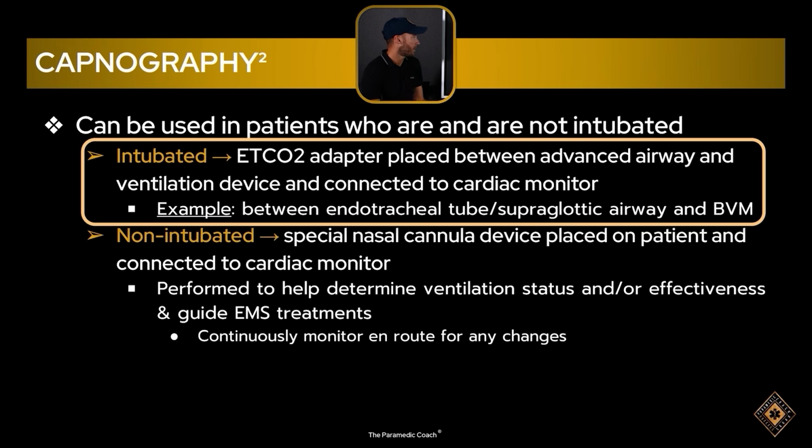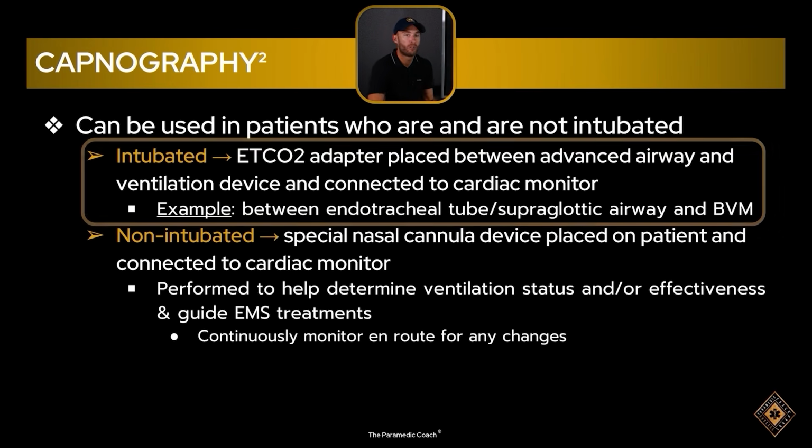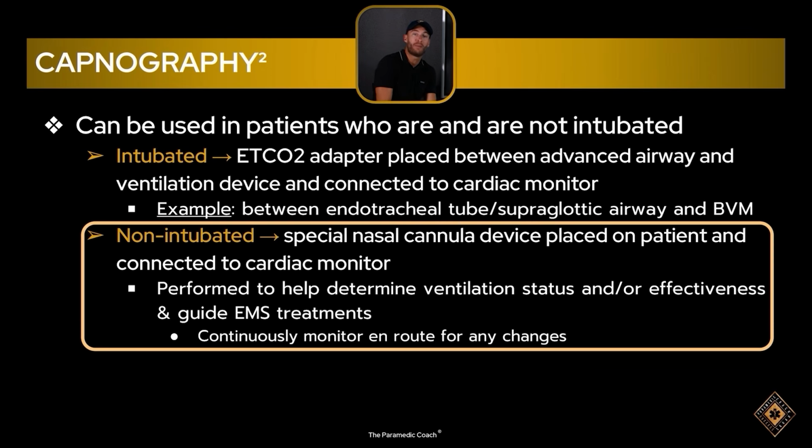For example, it could be the ET tube, supraglottic, or BVM. We talked about that. What about the non-intubated patient? Again, that asthma, COPD, cardiac patient, we put a nasal cannula on the patient. It's performed to see the ventilatory status and the effectiveness of our treatments, and it is a way to continuously monitor our patients.